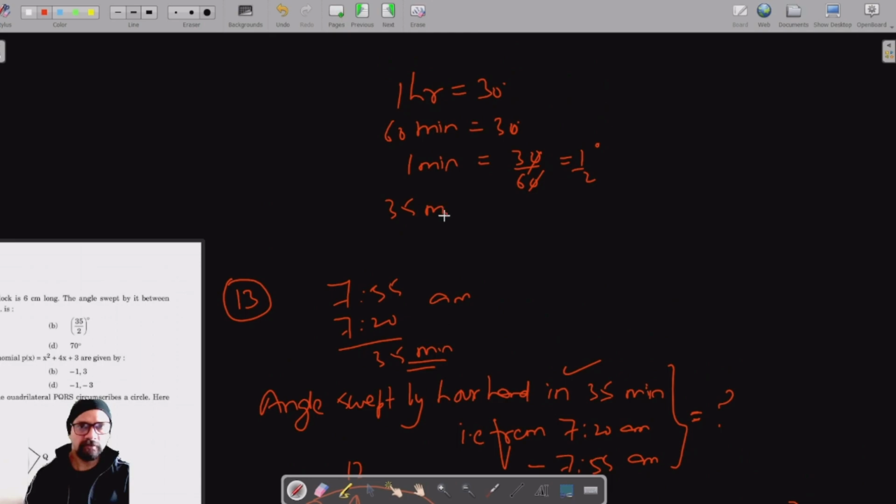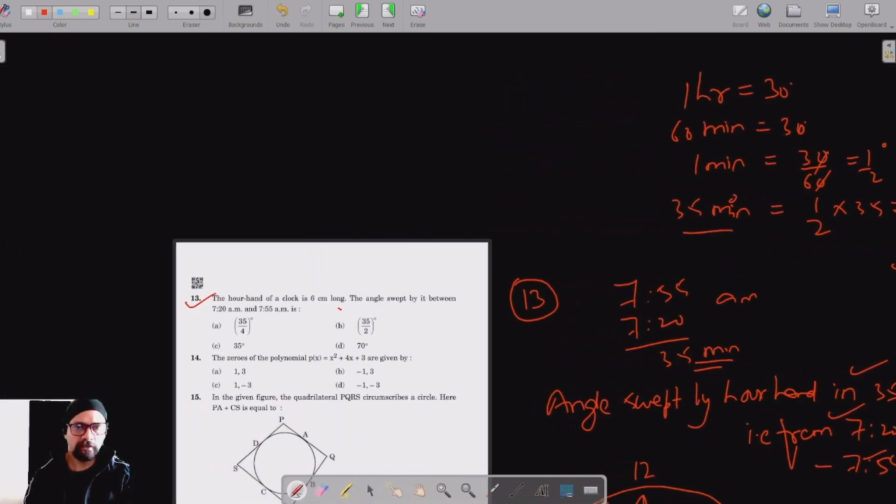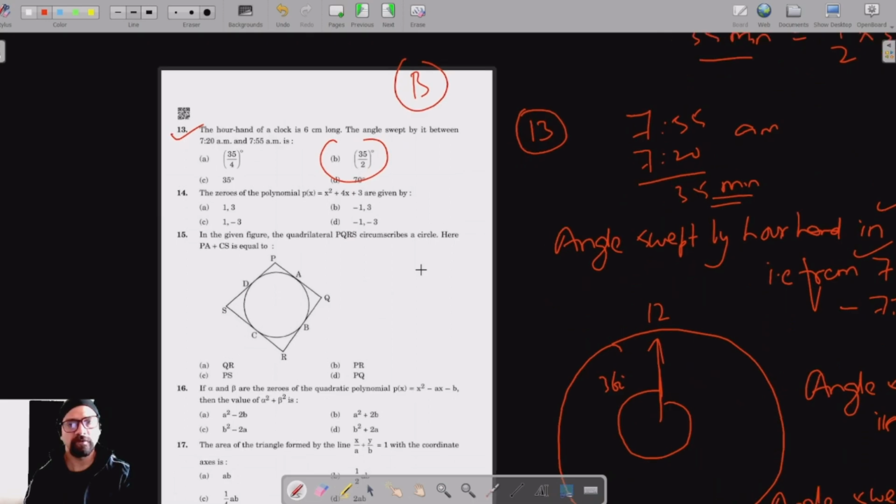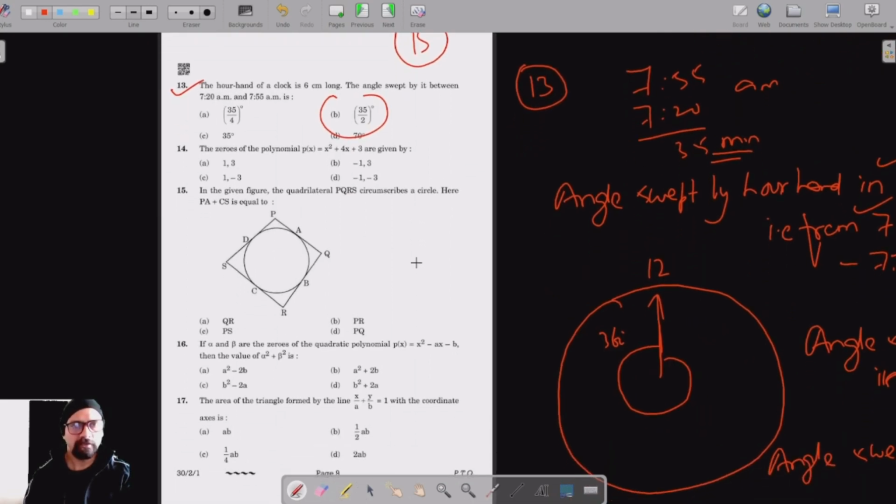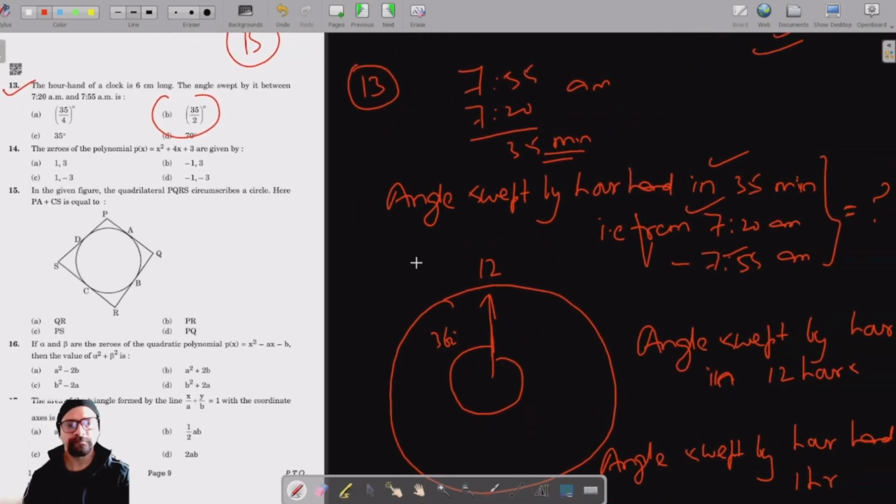So in 35 minutes it sweeps an angle of half into 35 degree, which is 35 by 2 degree. So in 35 minutes, that is from 7:20 to 7:55, it sweeps an angle of 35 by 2 degree, and this is option B. So option B is the correct answer. That is question number 13. And let's move on to question number 14.